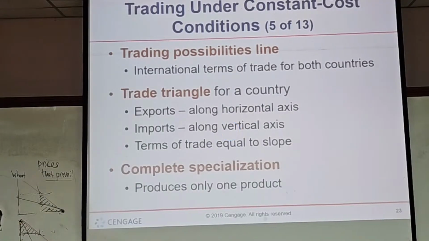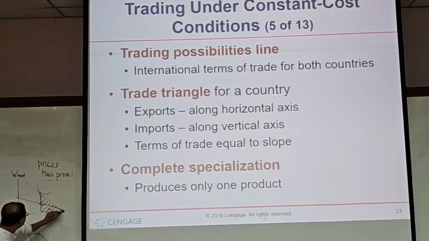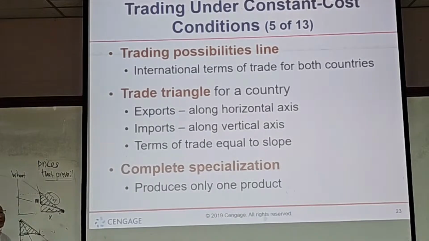So this is the trade triangle. What does it say? It summarizes the connection between export, import, and TOT, terms of trade.